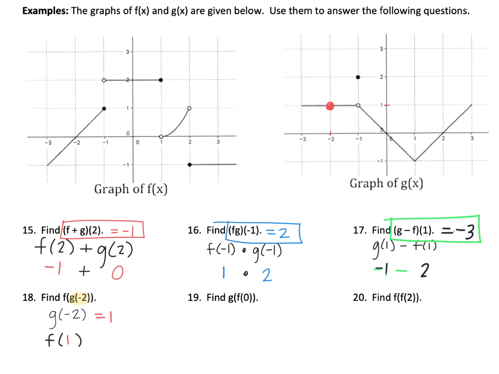So if f is at 1, then you follow it to that closed point, and it gets me 2. So f of g of negative 2 is 2. So it's 2 steps. You're going to figure out what is the inside part first, and then plug back in.